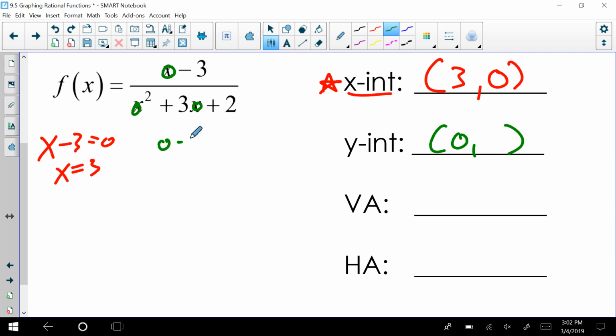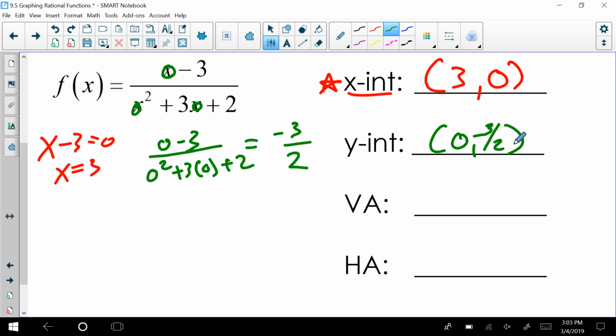I'd have 0 minus 3 over 0 squared plus 3 times 0 plus 2, which gives me negative 3 over 2. Oh, negative 3 halves. Again, I think I'll get rid of that stuff after I use it. And I did that one there in green. Okay, just moving right along.